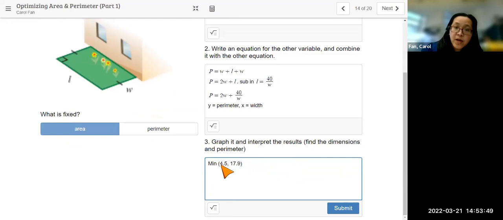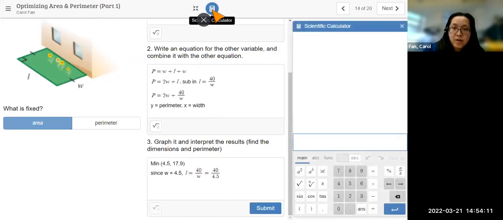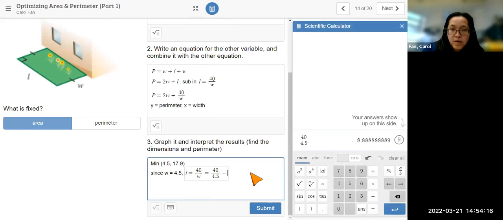Dimension, we know that the width is 4.5, and now we have to substitute it into our equation to get the length. So we'll round it to 8.9.